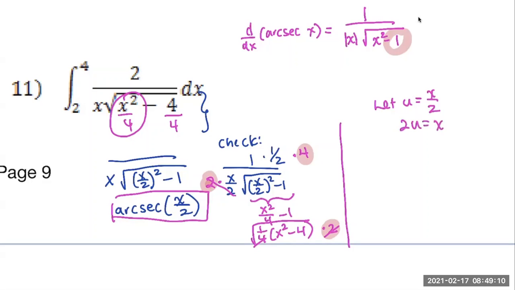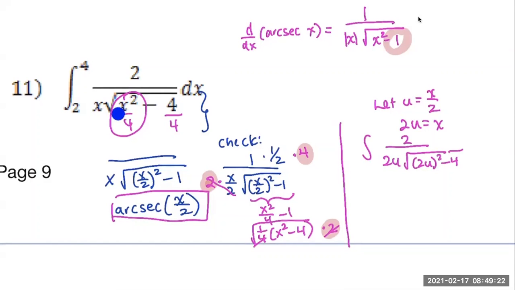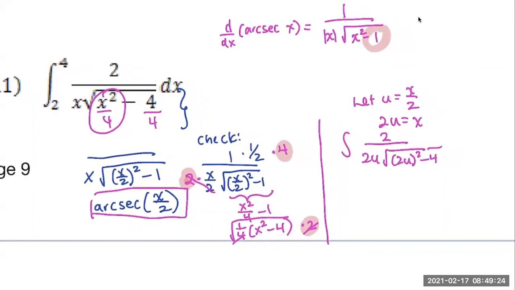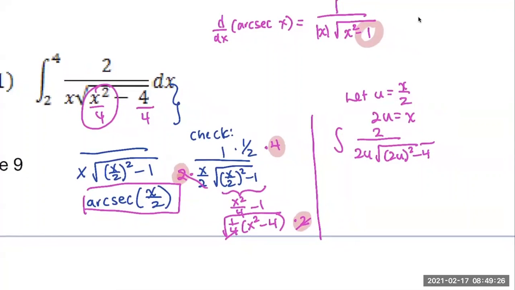Okay, so if I rewrite the antiderivative, I get 2 over x is 2u, square root of 2u quantity squared minus 4. So I did a substitution of my x's to be 2u. And then on top of that, I also happen to know du is equal to 1/2 dx. Okay, so in replacing my dx, dx is equal to 2 du.